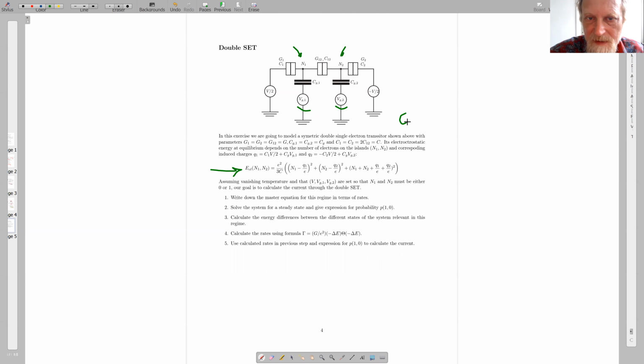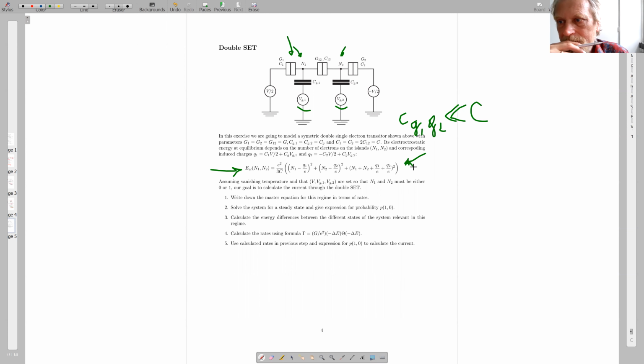Somehow it's been assumed that all gate capacitances are much smaller than the capacitances of the tunnel junctions. Okay, with this there is a relatively simple formula for charging energies. Good.